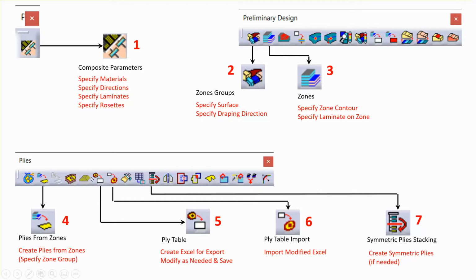So what we do is we take the information and export it as an Excel file, so that we go there, and the eight plies that we create, we can reorder in any way we want and save it, and then we're going to import it back into CATIA.